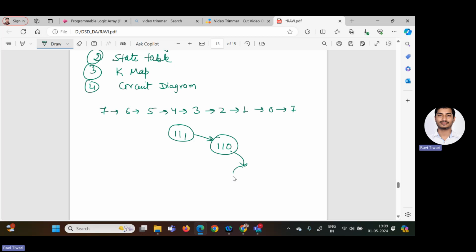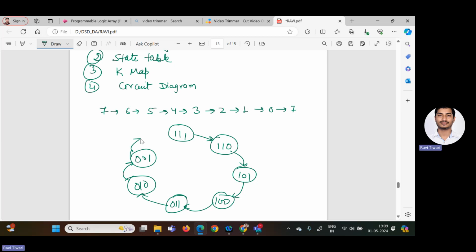Next state will be 1, 0, 1. That means 7, 6, 5, then 4, 3, 2, 1, 0, and then 1, 1, 1. So this is the complete state diagram.